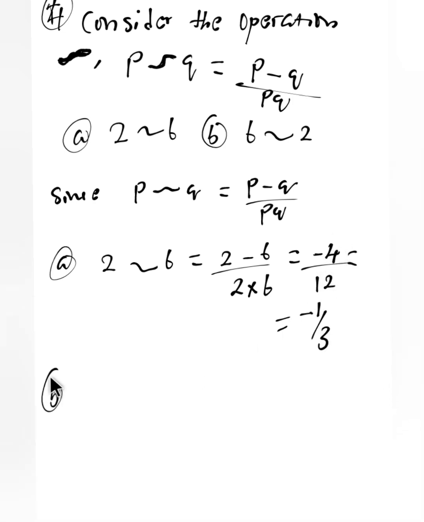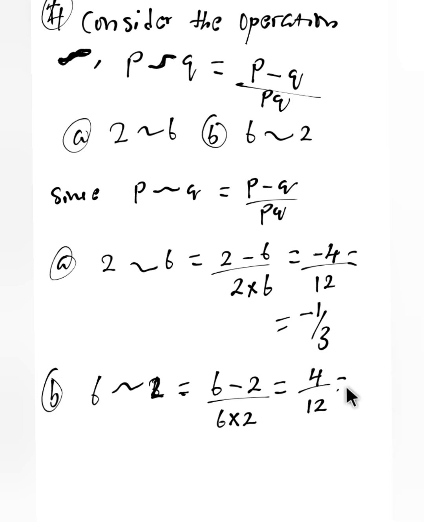So for the B part, we have 6 operation 2, and 6 operation 2 will be 6 minus 2 all over 6 times 2, and this will give us 4 over 12, which is 1 over 3, and that is the answer.